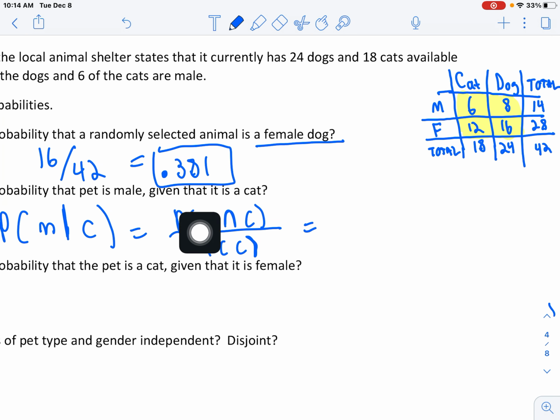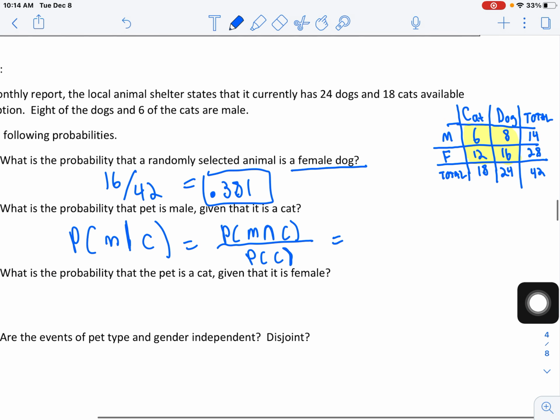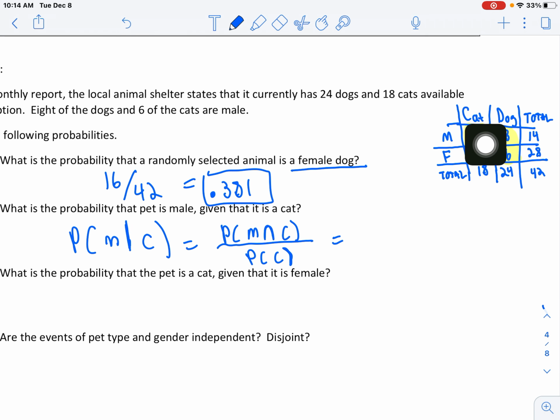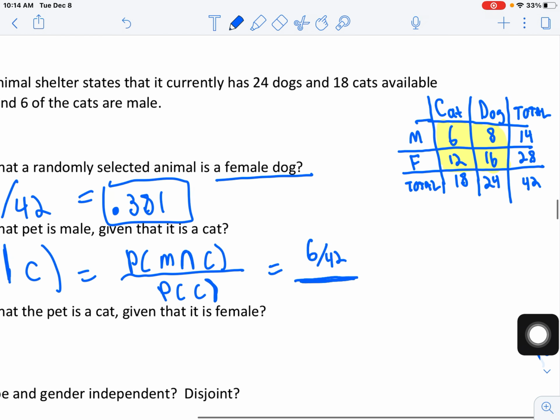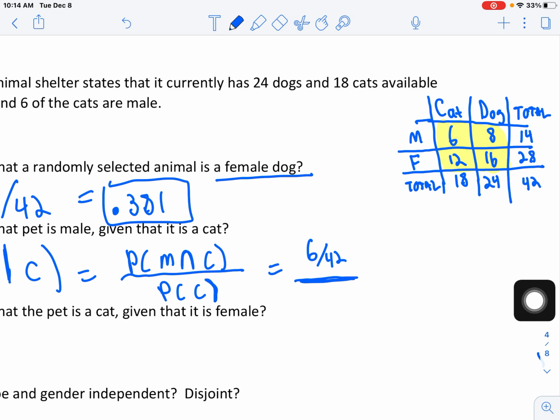Okay, so the intersection of males and cats: well, I have 6 male cats out of 42. Let's say 6 out of 42. That's the probability. Now, what's the probability that we pick a cat out of all our animals? Well, there's 18 cats out of 42 total.